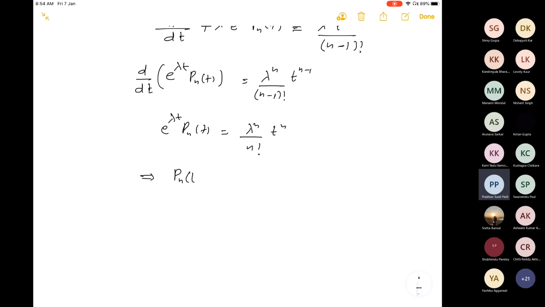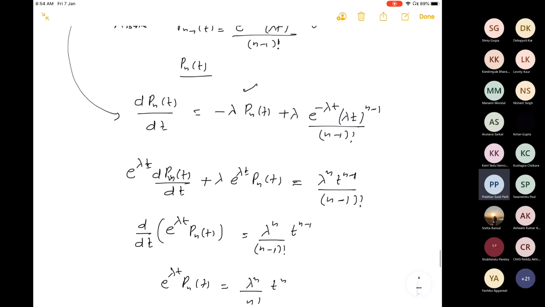So Pn T is e raised to power minus lambda t, lambda t raised to power n upon n factorial, n is 0, 1, 2, and so on, because using mathematical induction we have shown this. Therefore this holds for all values of n. So I think the proof is done now using mathematical induction.